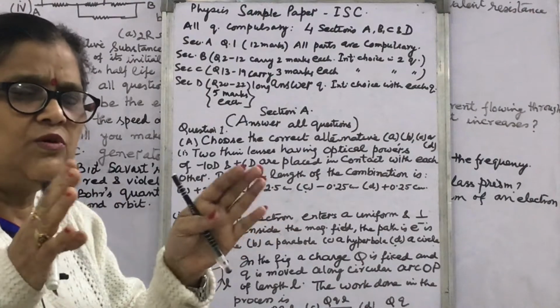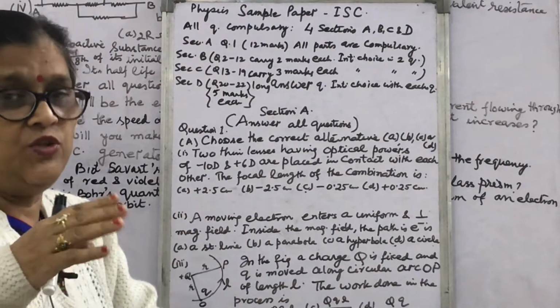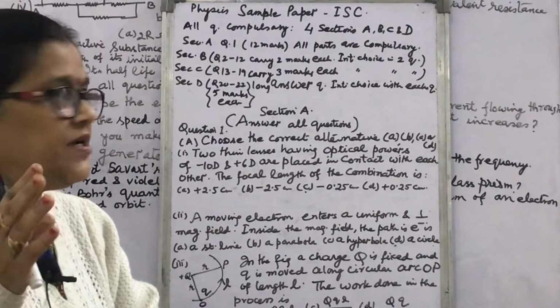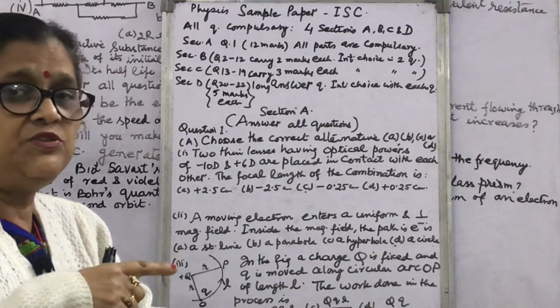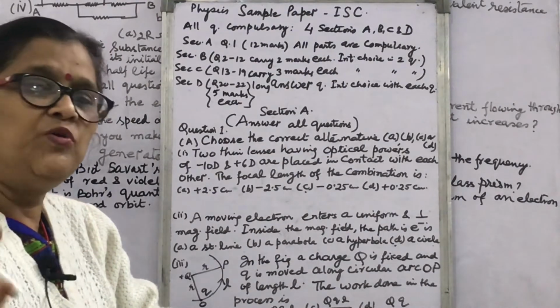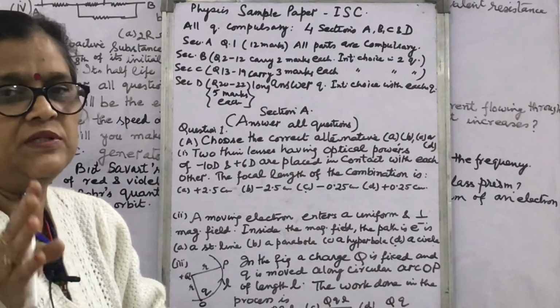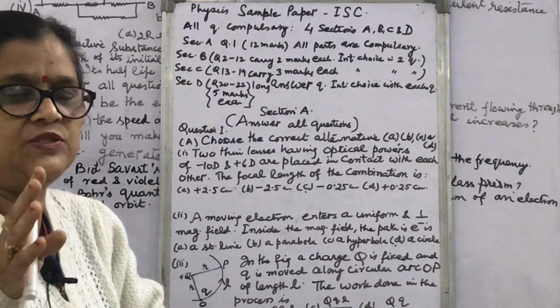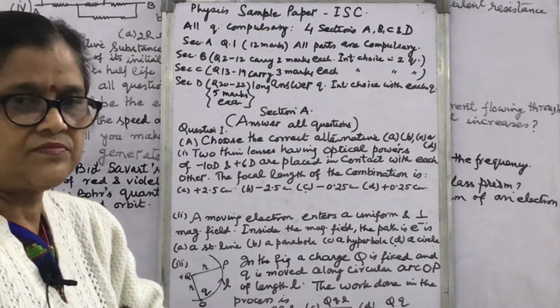For both boards the syllabus is almost the same. So CBSE students also benefit from this video and question paper. Today I am posting this paper for ISC students, but you can also watch the previous videos in which I posted the CBSE class 12th question paper, because there is no big difference in the syllabus.